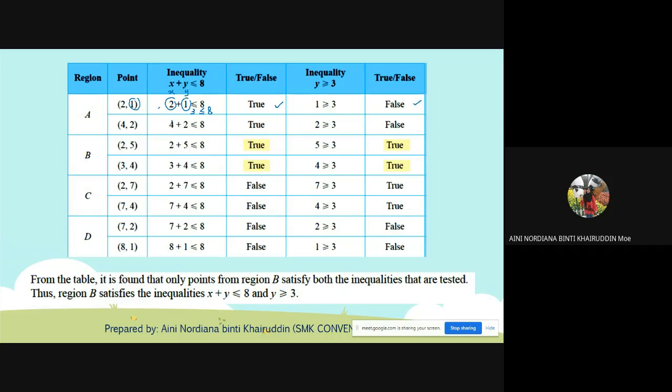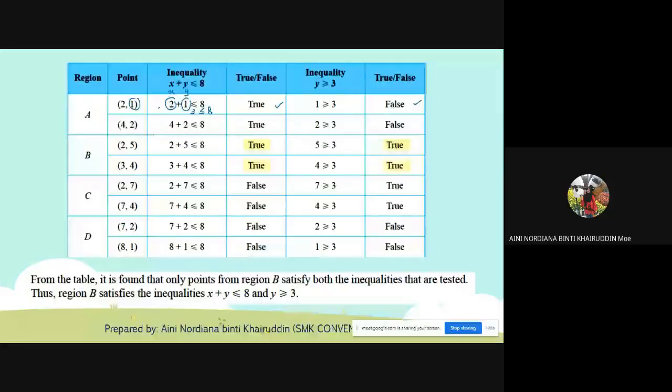Repeat the same method: substitute the values of x and y into the inequalities, then determine whether each is true or false.